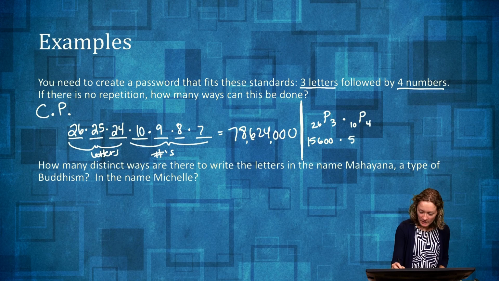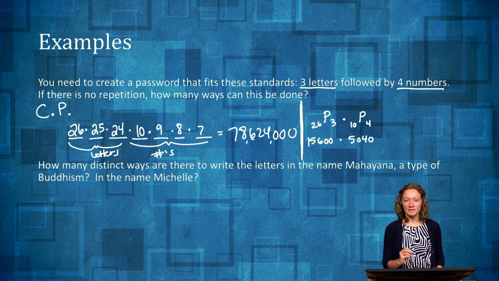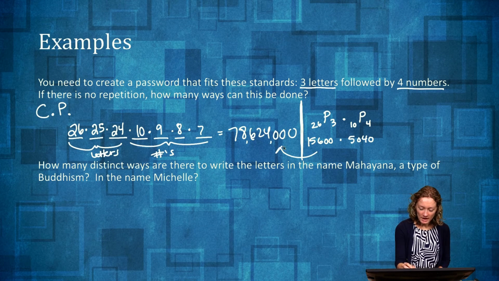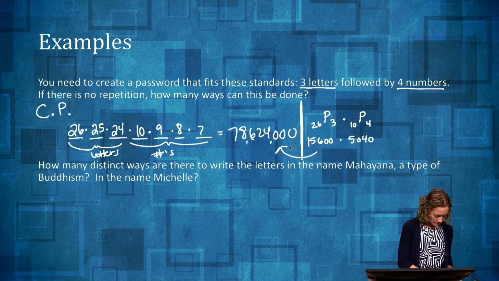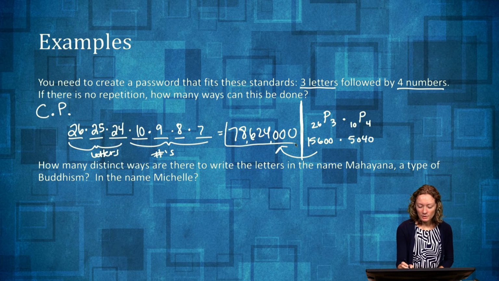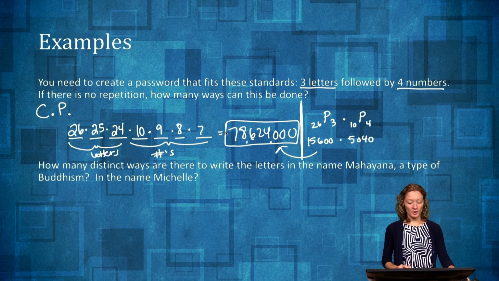And then times 5,040 ways you could choose the 4 numbers. Multiply those 2 things together, and we get the same thing. So you can think through it either way. My preference is counting principle, but it's really up to you.